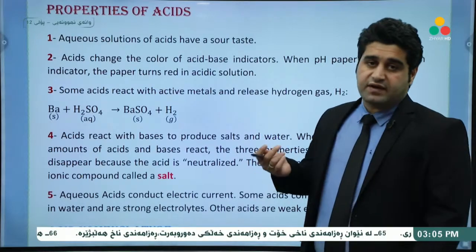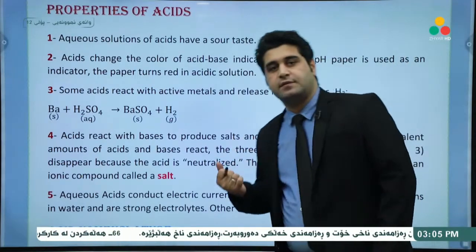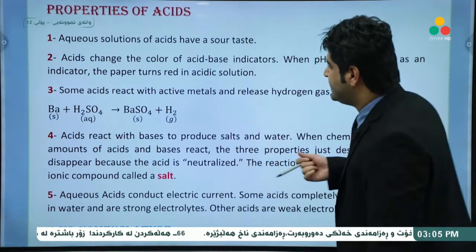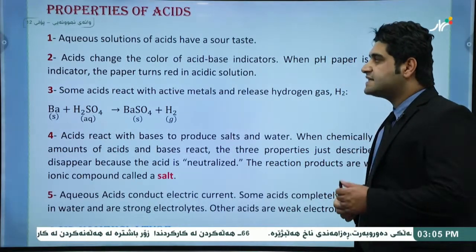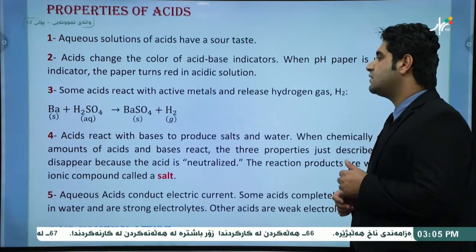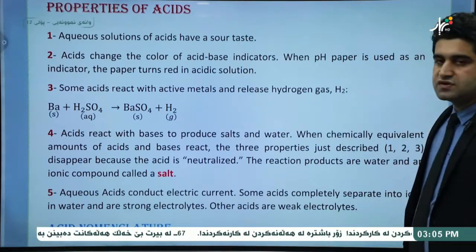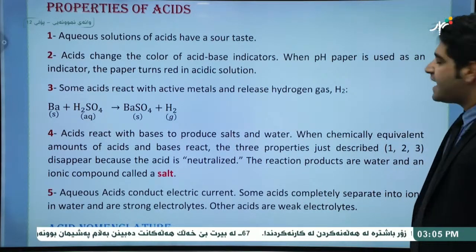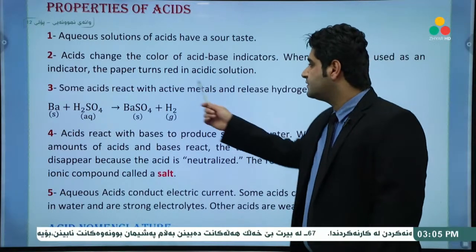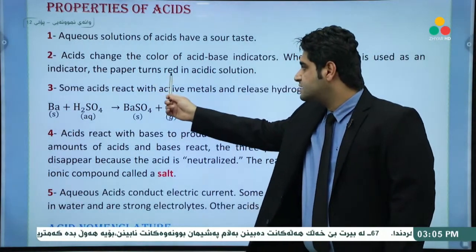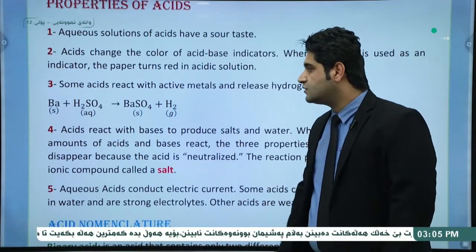For that purpose, we have instruments for detecting acidity. Acids change the color of the acid-base indicator we call litmus paper. The litmus paper turns red in the acidic solution.